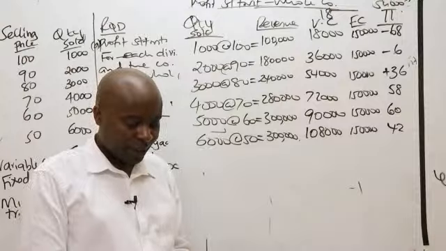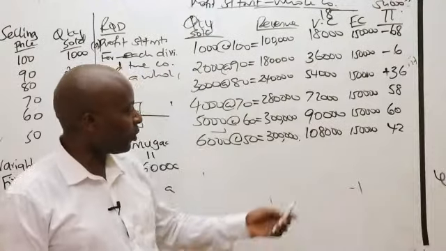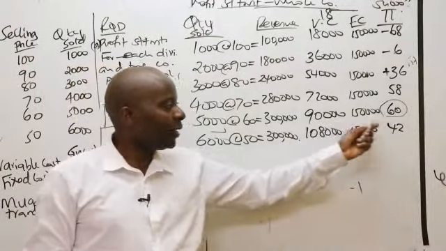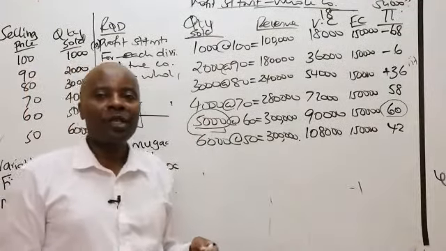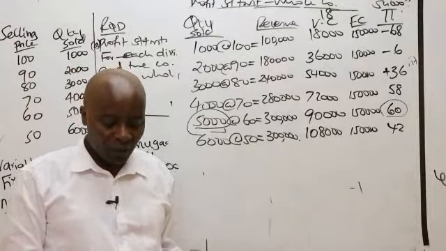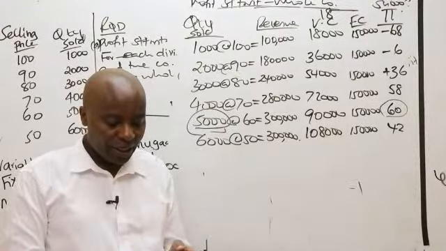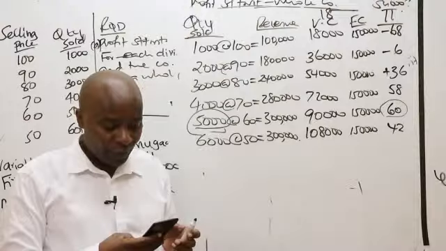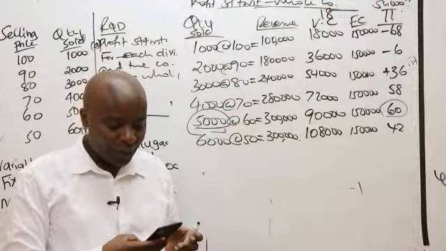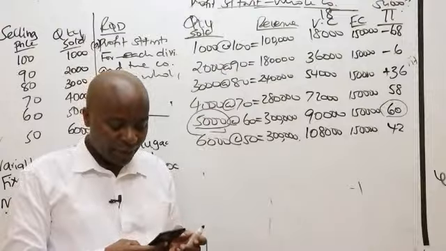Okay, 5,000, yes, because you can see 60 here, being the maximum profit, corresponds to 5,000. So the optimal quantity is 5,000.